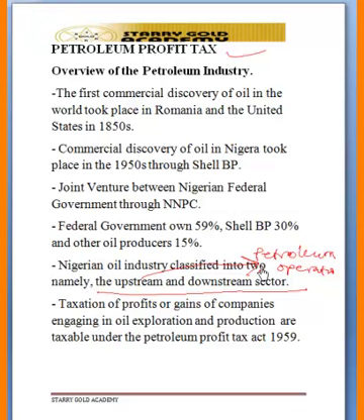And there are companies that are engaged in these activities. These companies are called E&P companies, Exploration and Production companies. Examples are Shell, BP, Mobil, ExxonMobil.